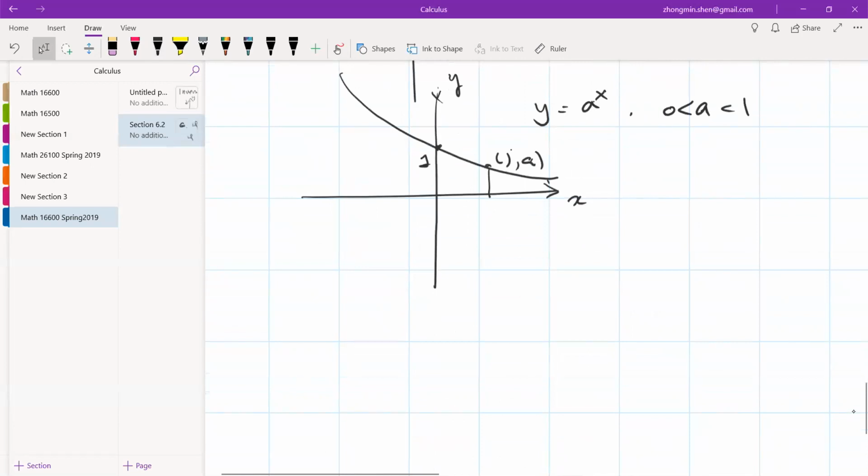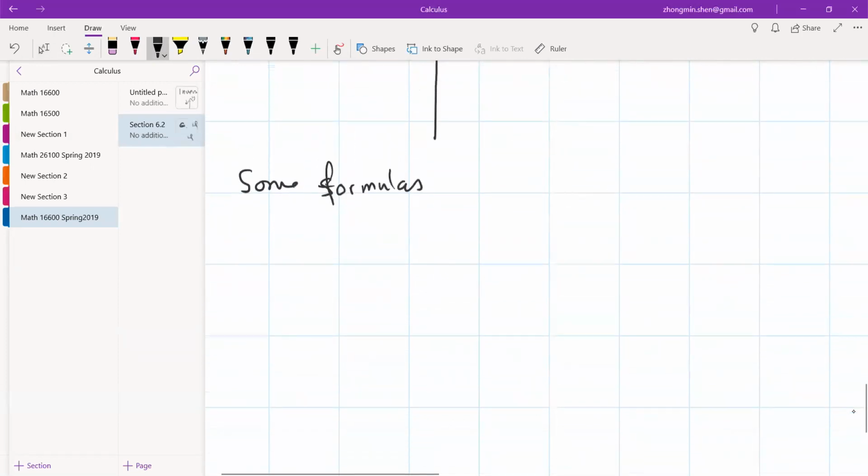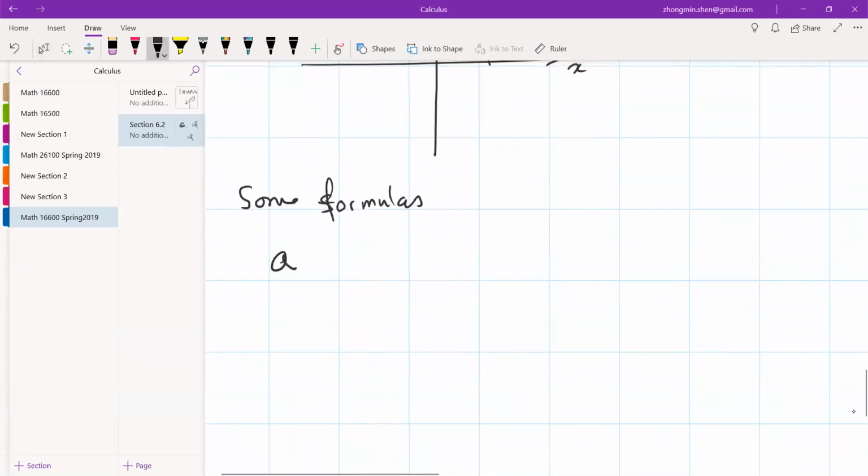Okay. We do have some formulas we needed for the further study. Okay. So the first formula is a to the alpha plus beta is going to be, go the other way around.